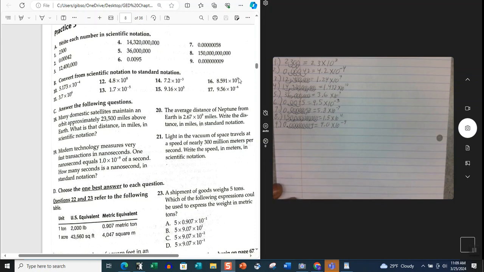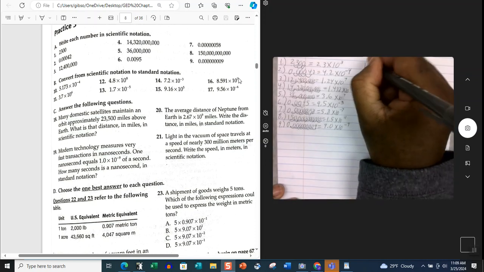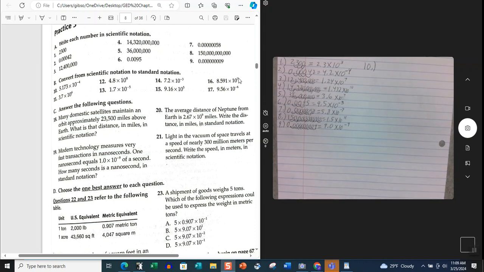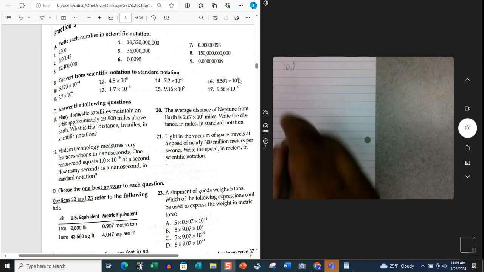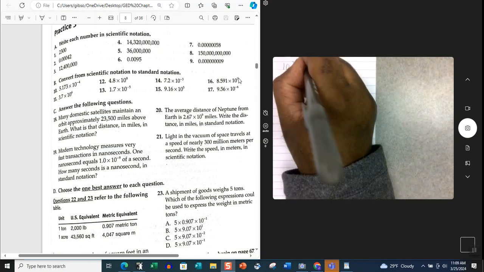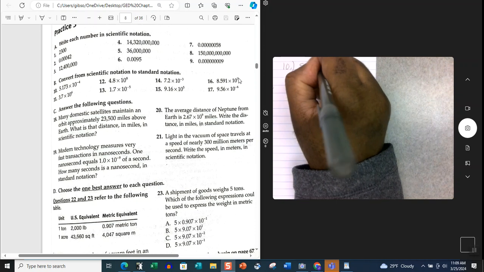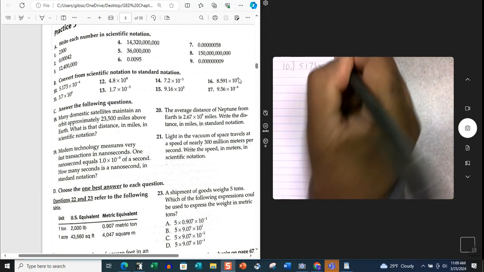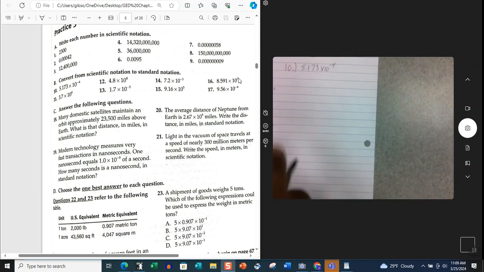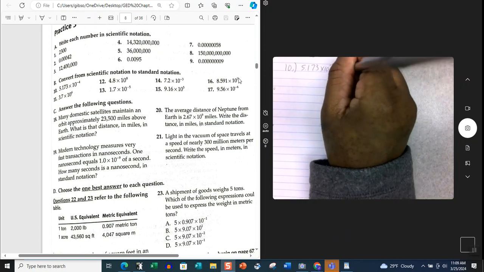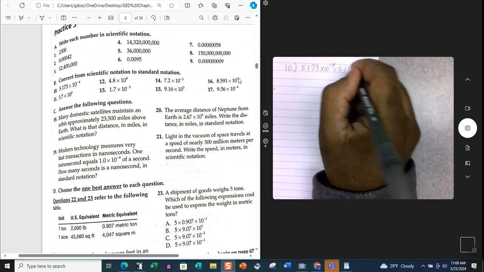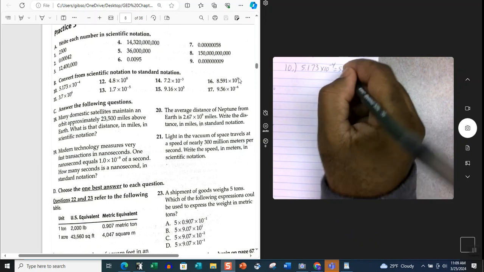Okay, now we move on to problem number 10. It said convert from scientific notation to standard notation. So we have 5.173 times 10 to the negative 4 power. Okay, so now we want to take this 5.173 and we have to move this decimal 4 places to the left.